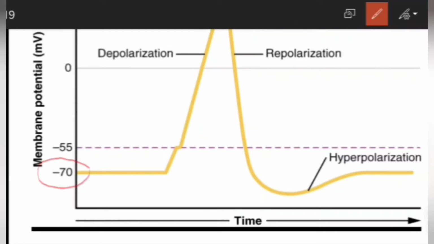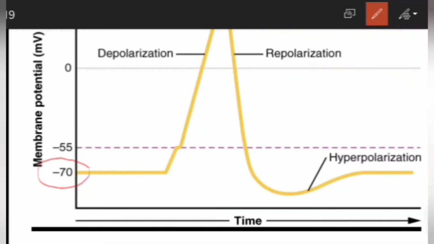This is the minimum potential for the action potential to begin. This is the threshold potential that should be given for the initiation of the action potential. Okay? Now we have given this minus 55 millivolt of potential to the cell. Now it has reached the firing potential.